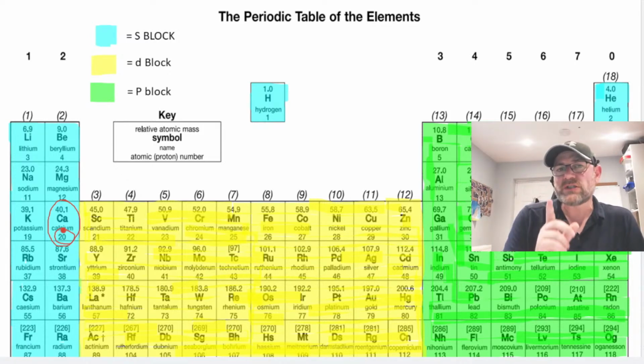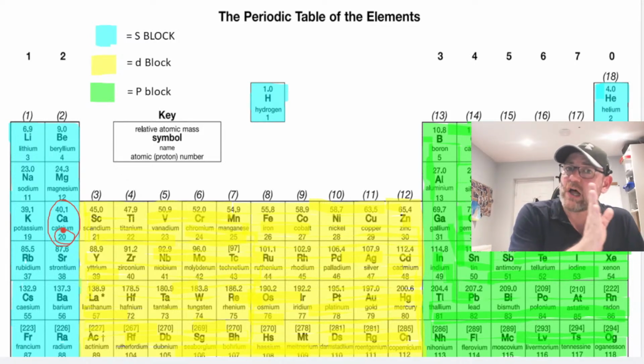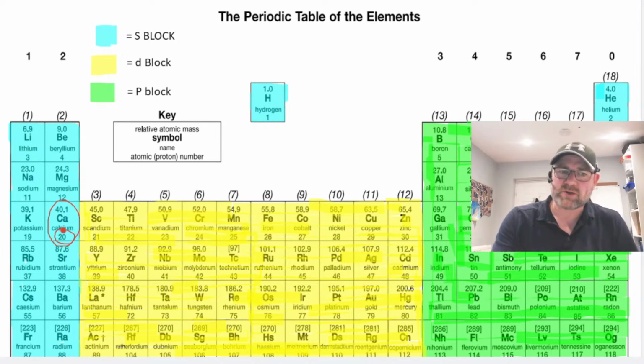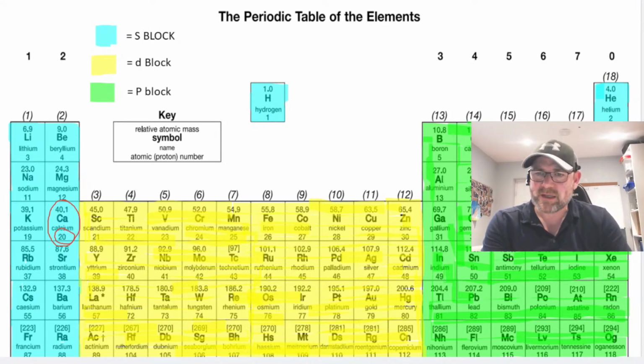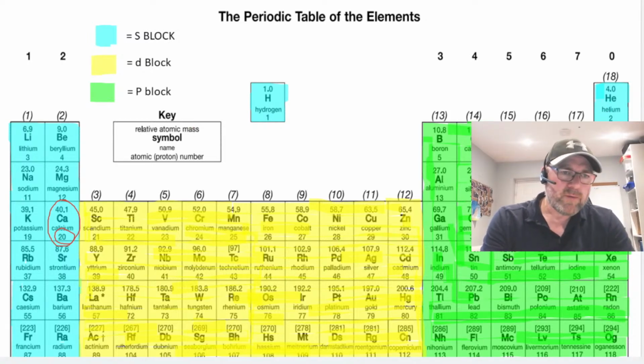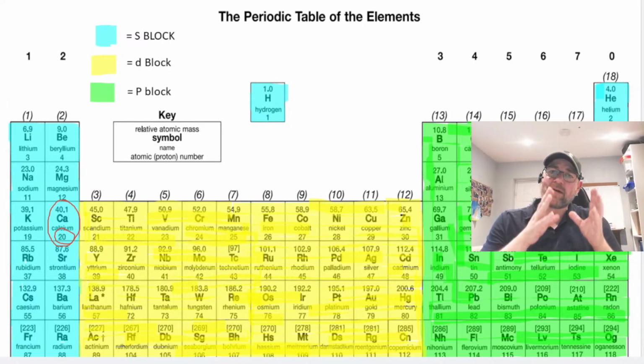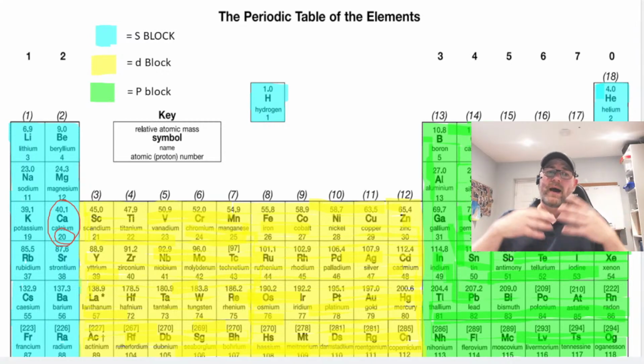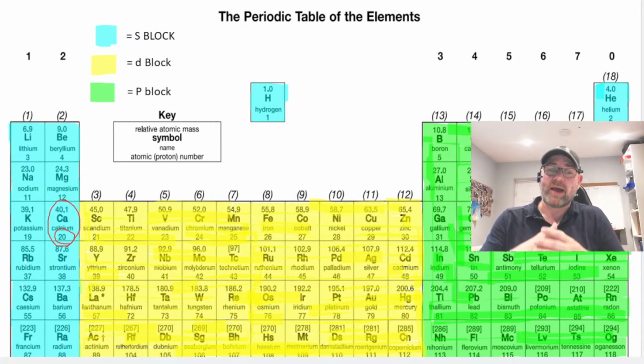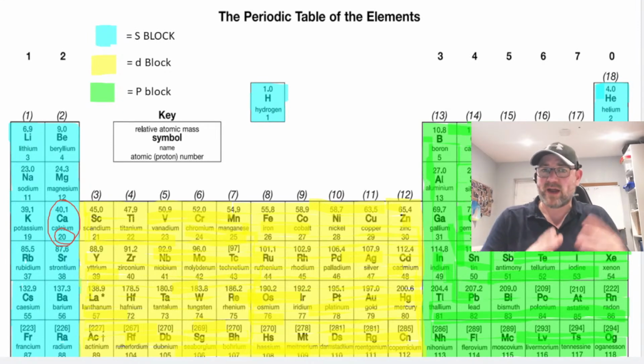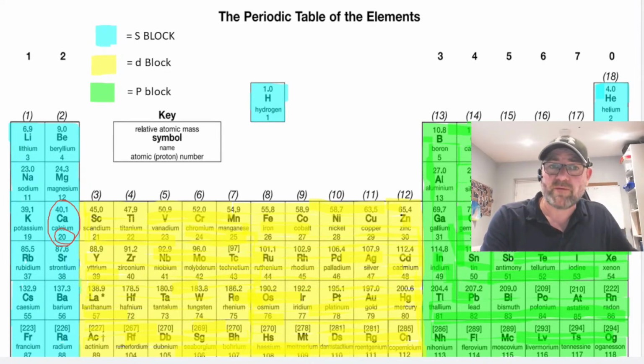So what's the closest noble gas that's below calcium in the number of electrons? I've got helium, neon, argon. Argon has 18 electrons. Because argon is a noble gas, it's going to have a full subshell and a full energy level. That means I can do a shorthand and just tag on the extra electrons, and it saves me writing all of those out.